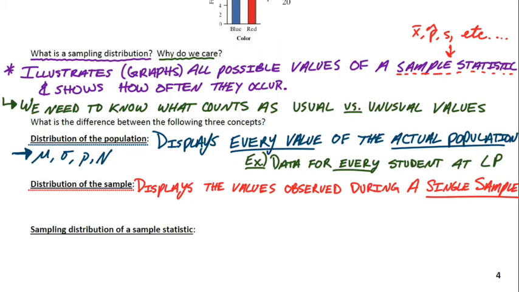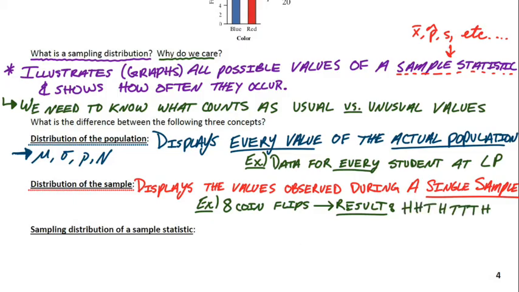Great job. So that was the distribution of your individual sample. For example, if I have 8 coin flips, my result might be just for my individual sample, right? Heads, heads, tails, heads, tails, tails, tails, heads. So distribution of the sample would just be one individual sample and how that looks.